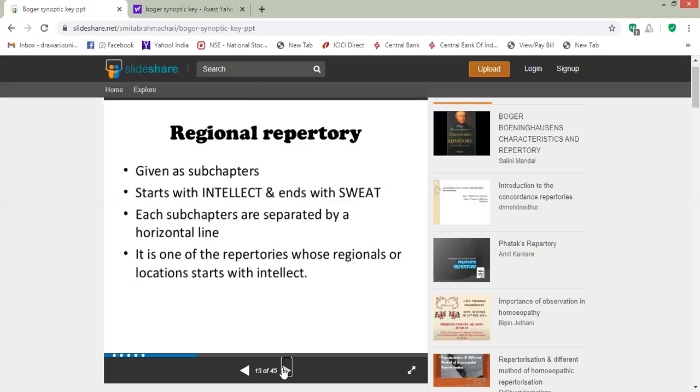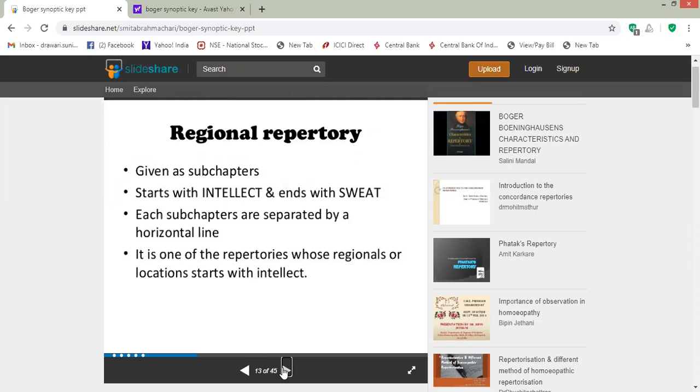Then regional repertory. It was given as a subchapter in this repertory. It starts with intellect and ends with sweat. Each subchapter is separated by a horizontal line. It is one of the repertories whose regionals or locations start with intellect.